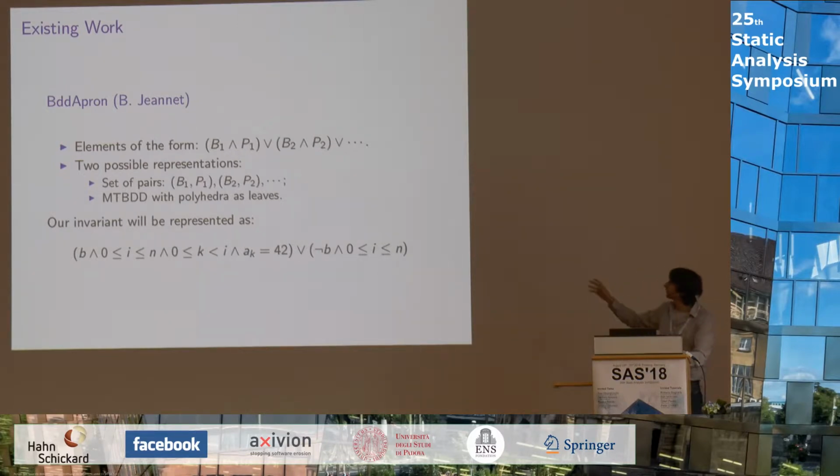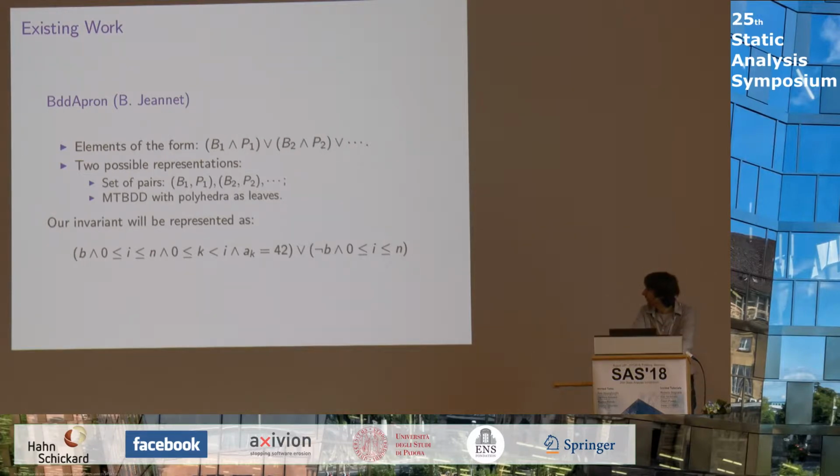This has two possible representations, either as a list of pairs or as an MTBDD where the polyhedra live. And I think both implementations are pretty similar in terms of performance and properties.